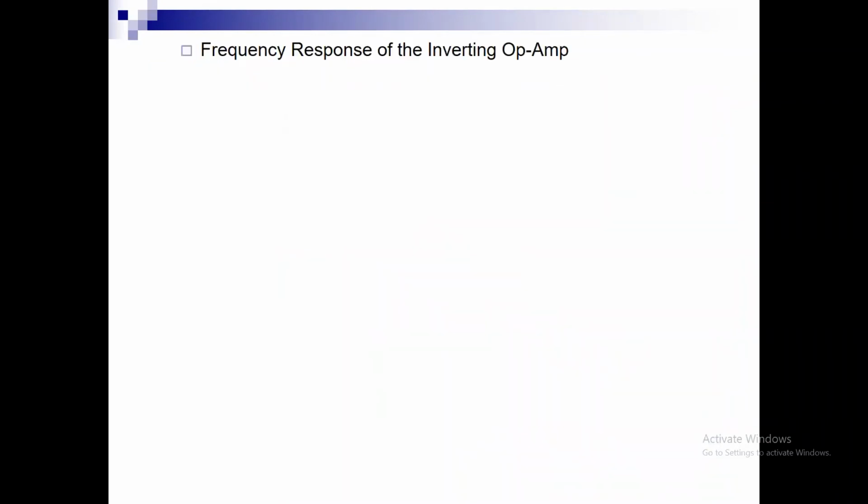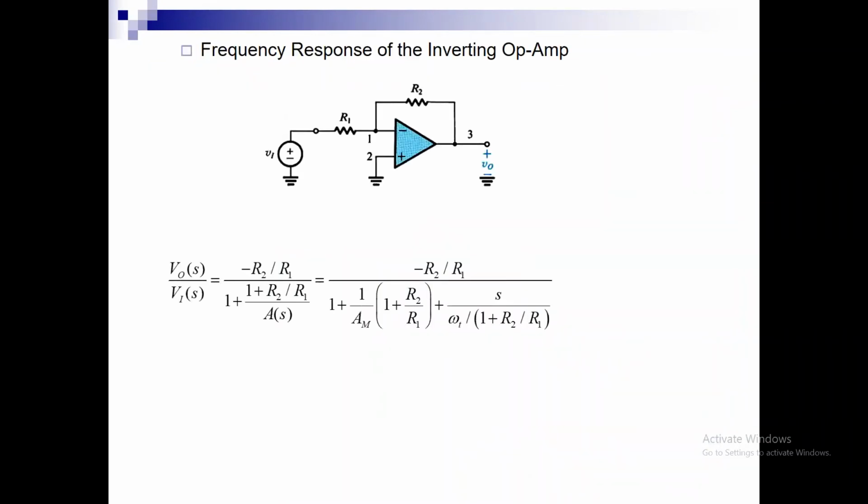So let's see for the inverting amplifier. We said that the configuration can be written as minus R2 over R1, which I'm going to write as 1 plus A over A of S. Here A is 1 plus R2 over R1, so I don't have to keep writing it. And A of S is what we saw before, equal to AM over 1 plus S over omega 3 dB.